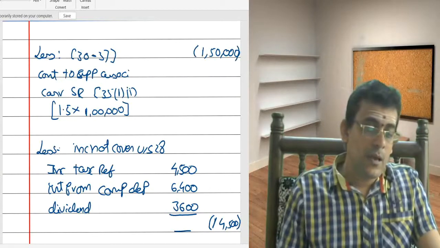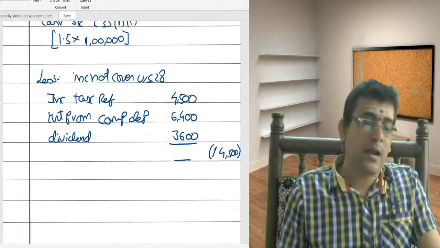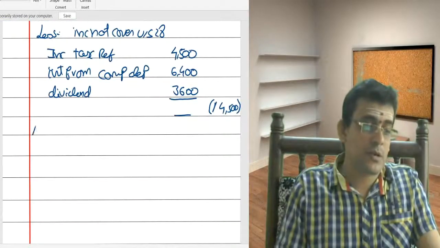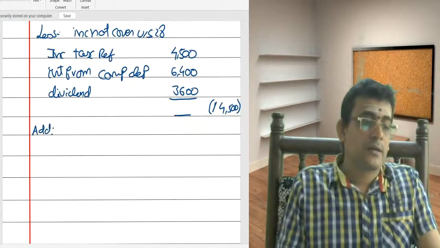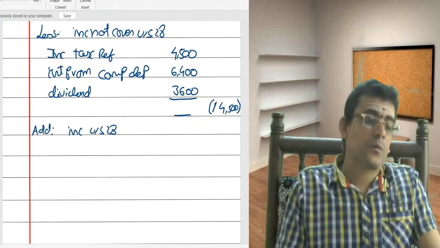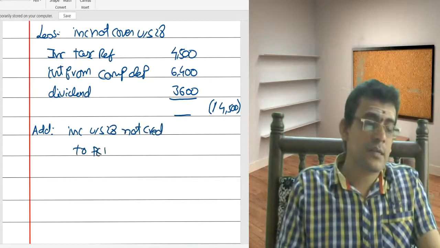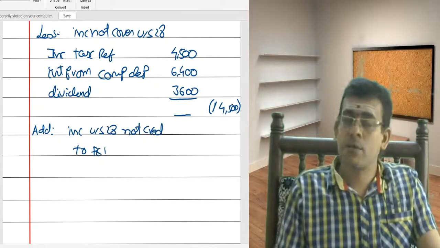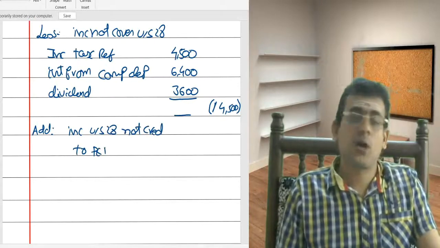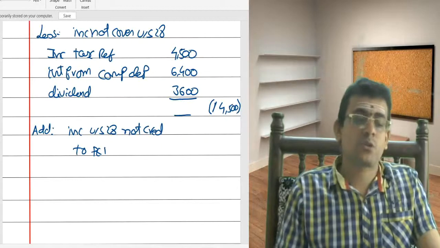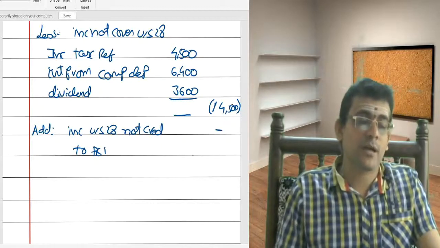Now along with this, what do I have to add? Of course, our present problem does not have that. What do I have to add? Income under section 28 not credited to profit and loss account. That is an income. You should consider that in your profit and loss account, but you have not considered. Those things are supposed to be added. In this present problem, we don't have anything.